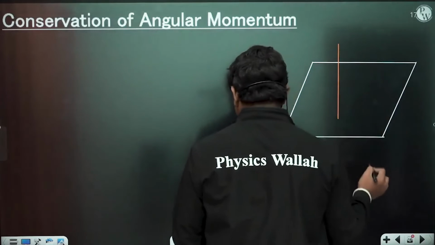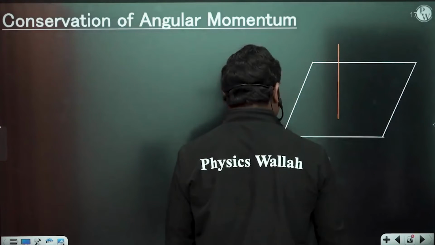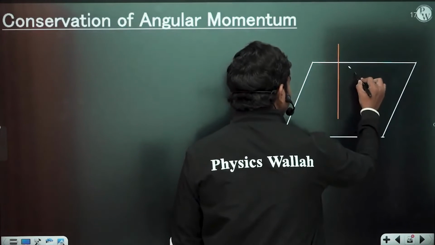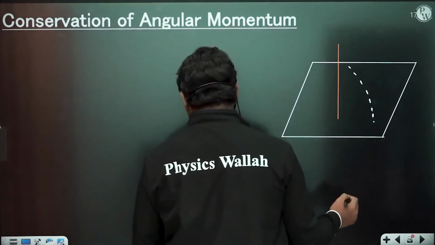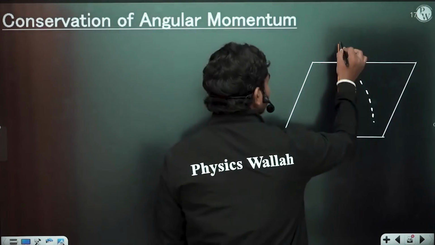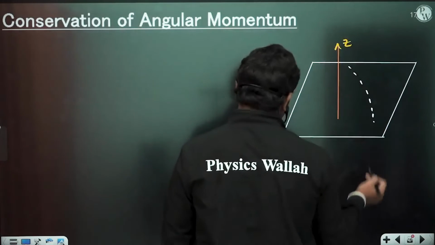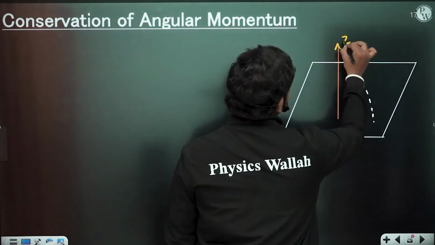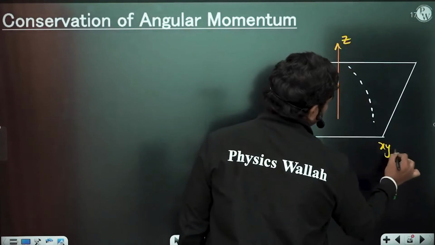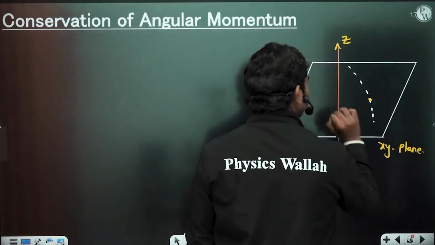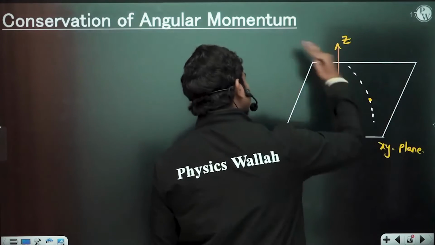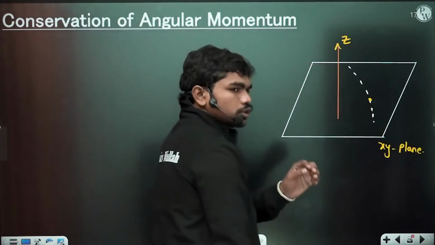So there is a certain particle which is rotating here along this path, for example. This is the z axis and this is some xy plane. Let us suppose there is a particle at this location, and this particle is rotating.